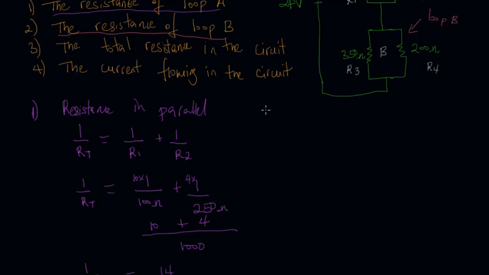Alright, so taking number 2 right here, again it's resistance in parallel, so we write resistance in parallel, using these lines to represent the parallel. We write again 1 upon RT is equal to 1 upon R1 plus 1 upon R2.